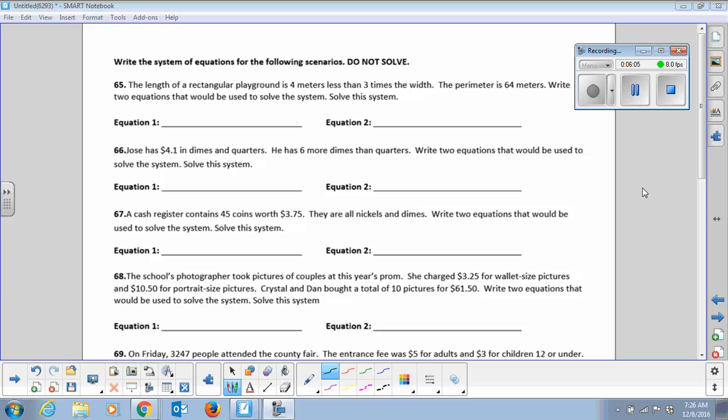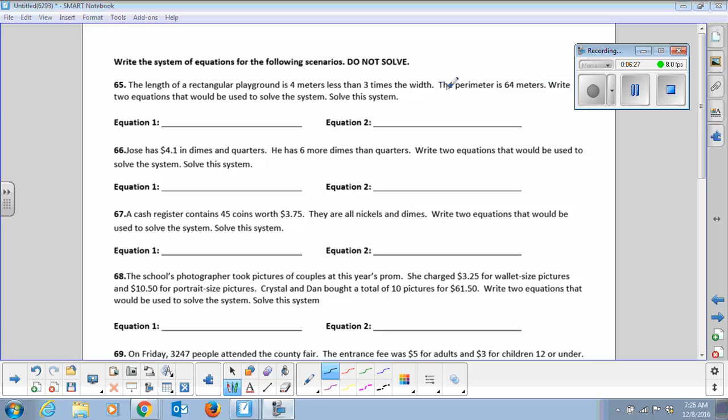For 65 on, you're writing two equations, so you're going to have to take them as a case-by-case kind of thing. So the first one says the length of a rectangular playground is 4 meters less than 3 times the width. The perimeter is 64 meters. Write two equations that could be used to solve the system.